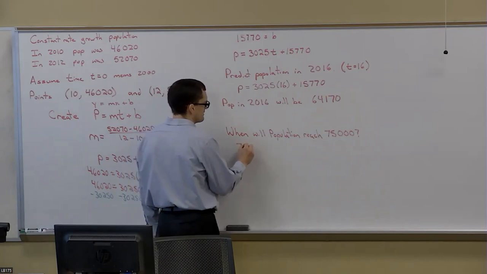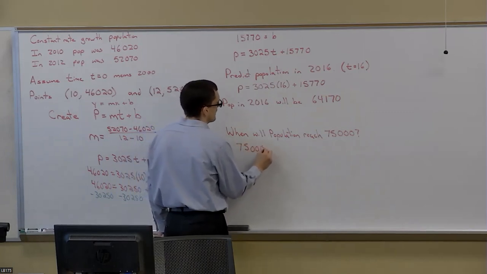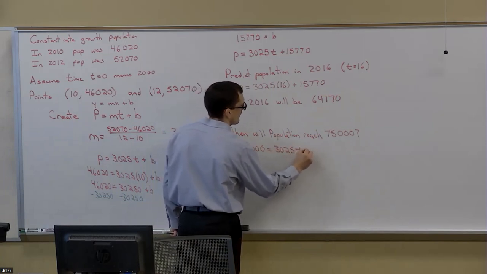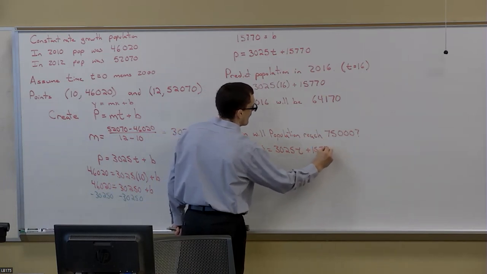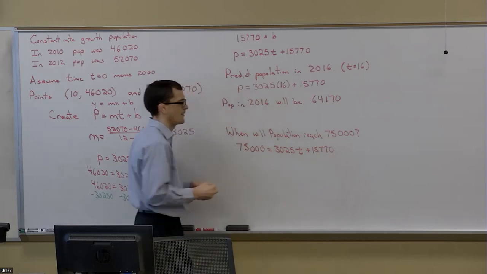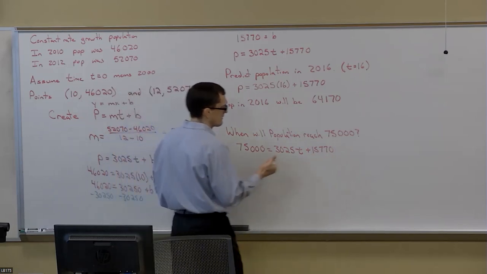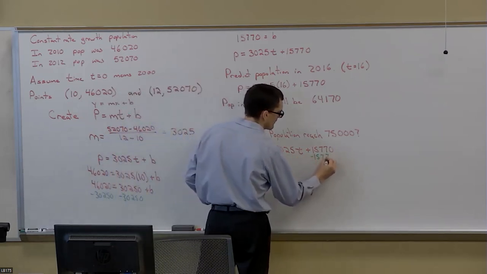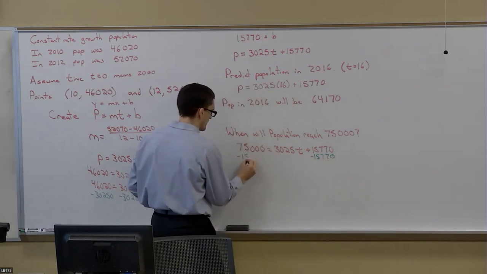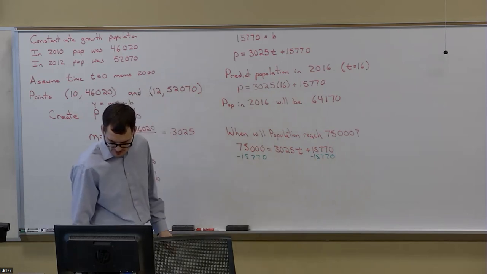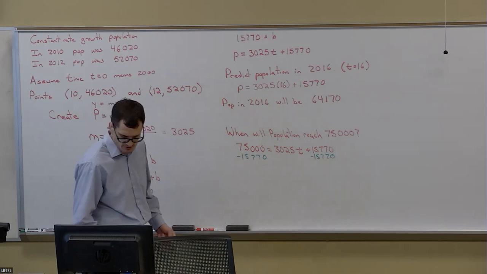Well, that's just plugging in 75,000 for the population and then solving for T. So you can subtract 15,770 from both sides. 75,000 minus 15,770 gives you 59,230.